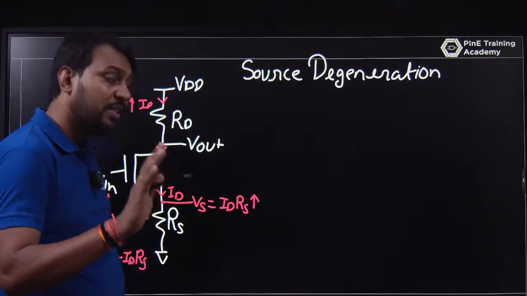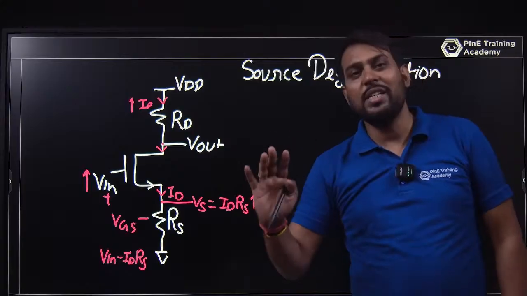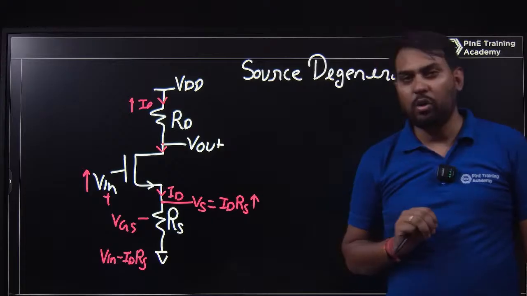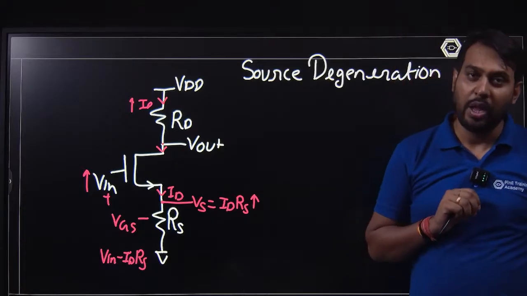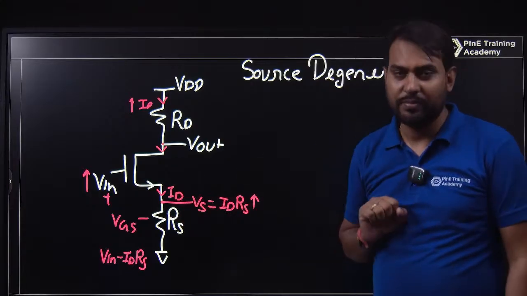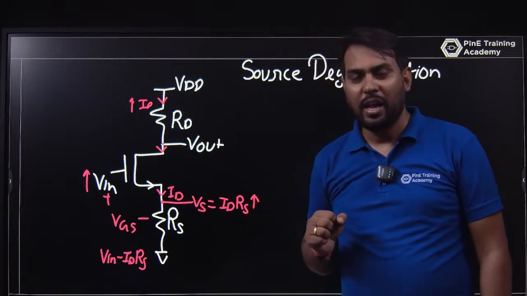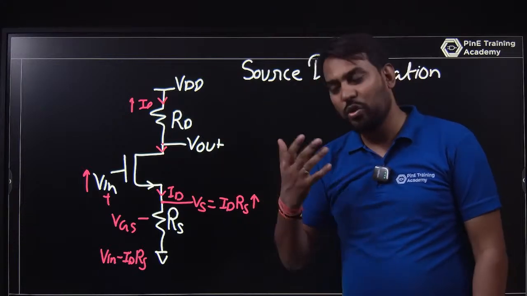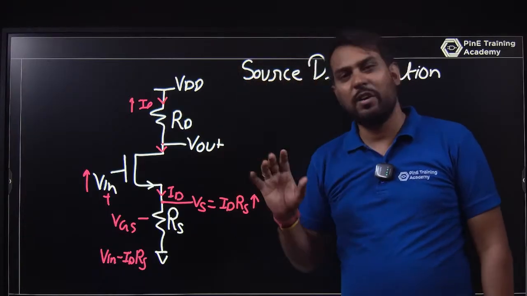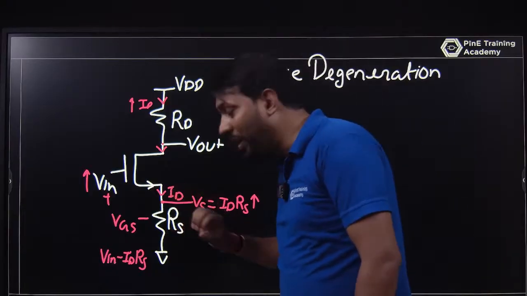Till now VGS is only V in. In a previous case the source voltage is 0, so VGS is only V in. As the V in changes, your current is changing. Now I am using one resistance that is called negative feedback. You can think of it like a motorcycle with no speed limiter, no speed limit. You can accelerate and it will speed up. Now I am using a speedometer.